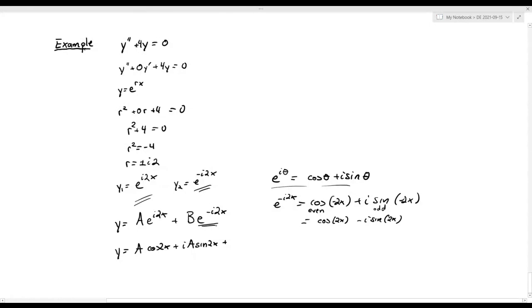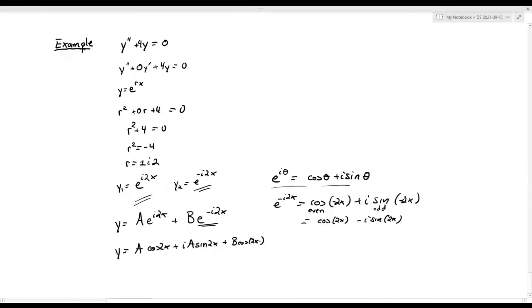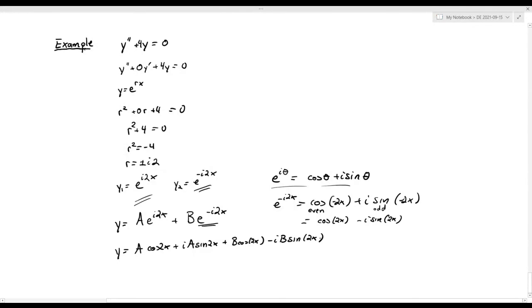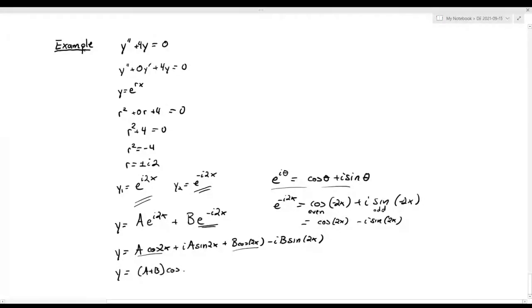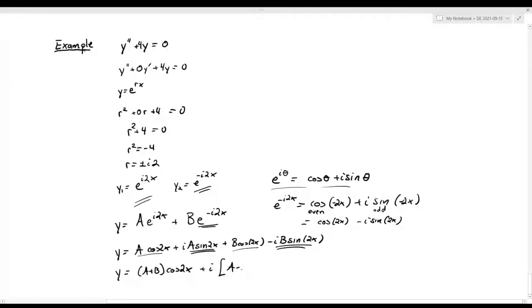So when using Euler's identity on this exponential, we see the real part involves just the cosine, so A plus B times cosine 2x. Then the imaginary part is i times A minus B times sine 2x.